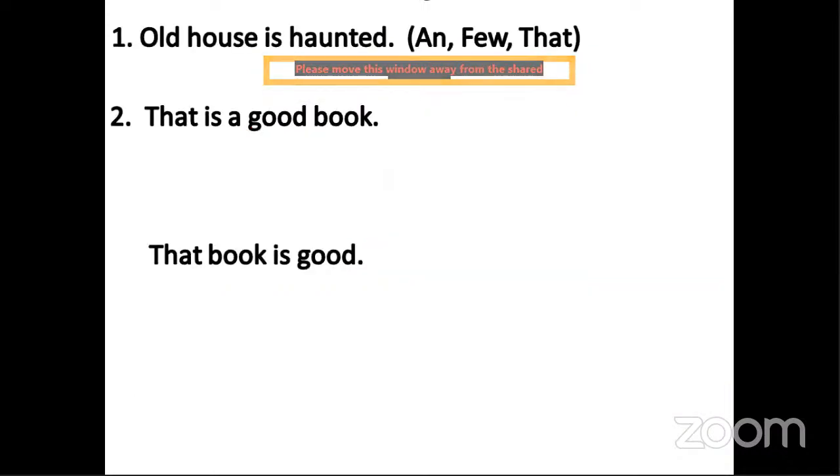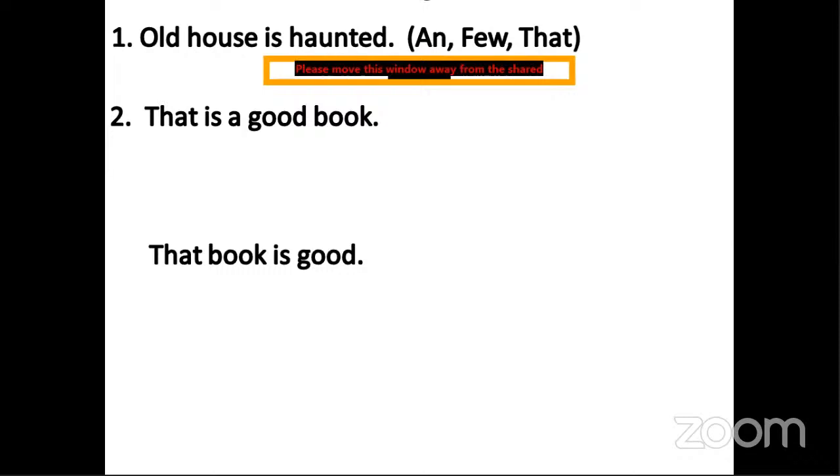Let us see the first sentence. Old house is haunted. And your options are an, few, the. Old house, no. What is the appropriate determiner over here? Can we say an old house is haunted? No, we cannot say that. Can we say few old houses haunted?